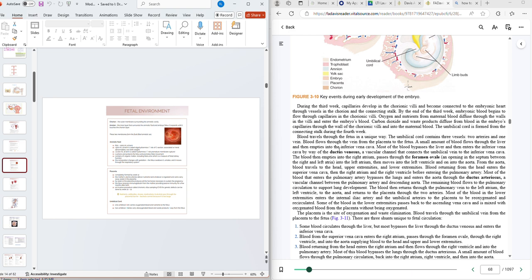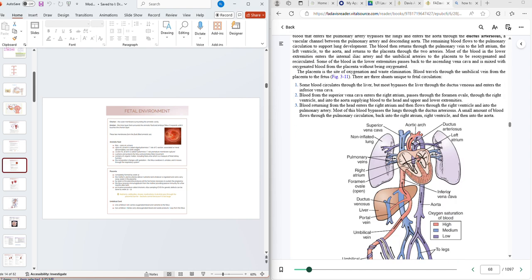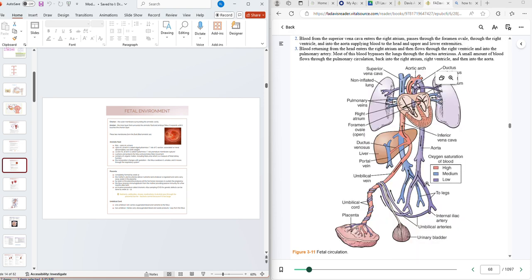We have what's called a ductus venosus, a foramen ovale, and a ductus arteriosus. You can read through this, just be familiar with those terms. We'll talk more about that later. But the fetal circulation is definitely different. You can see it here.